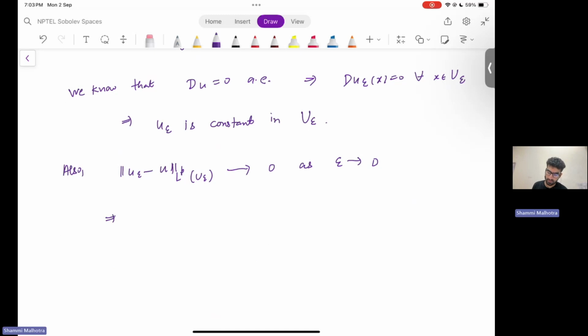Because we have a pointwise convergence, and every sequence is actually the same sequence, it has to converge to the same limit. So this implies that u is constant almost everywhere. So that's the easy proof of this analogous result in the Sobolev spaces.